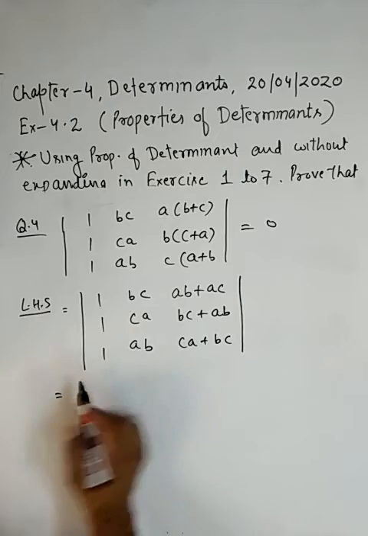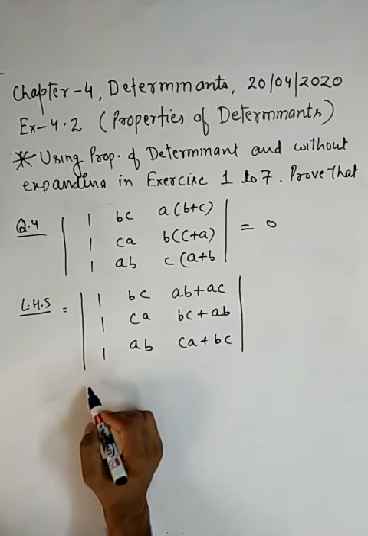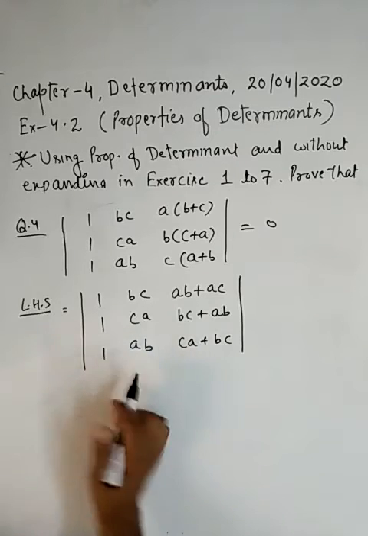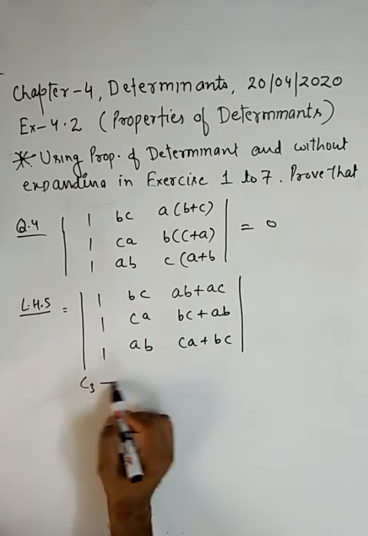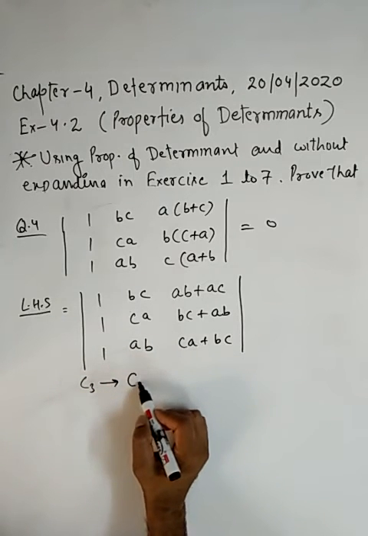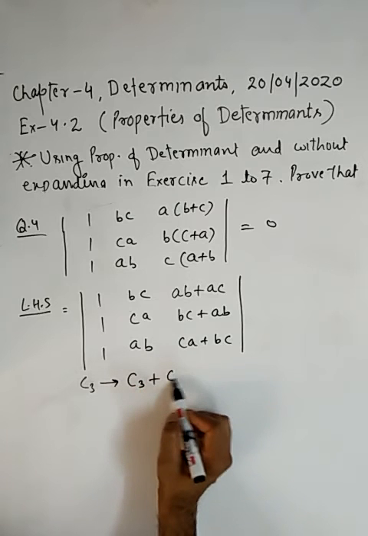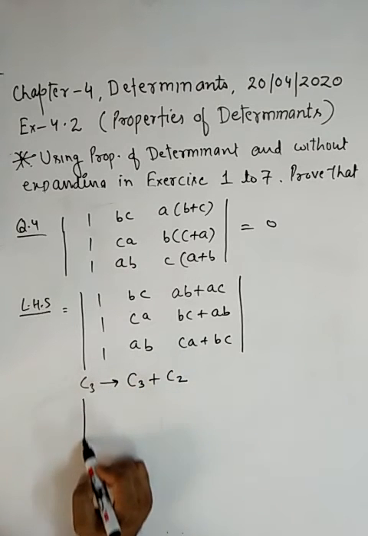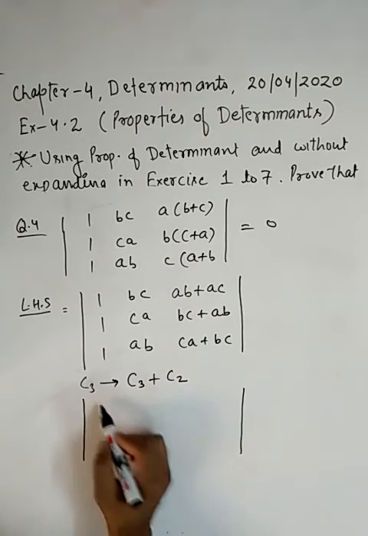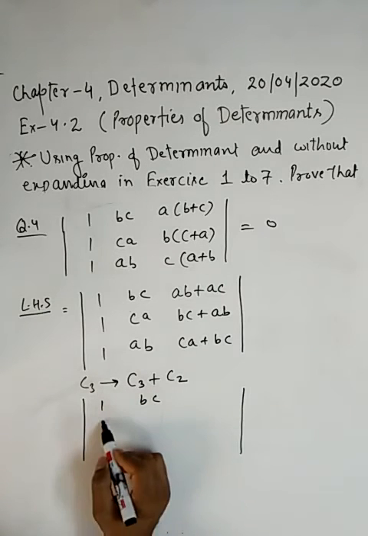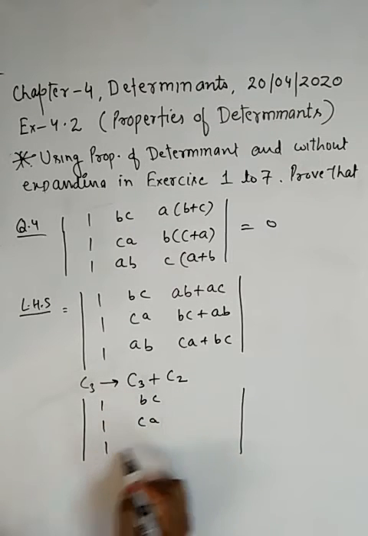In second step, we are using the property, column 3 is changed with column 3 plus column 2. Now what will happen? 1 BC 1 CA 1 AB.